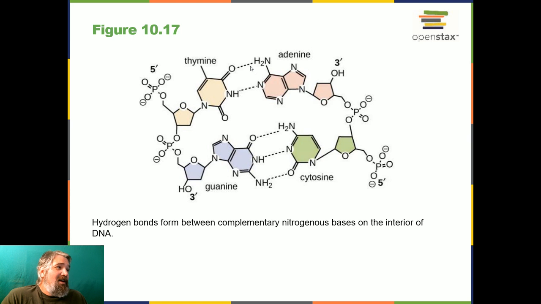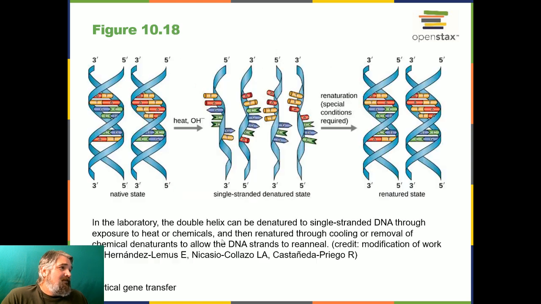So again, the hydrogen bonding, well, this is just reinforcing what I just said. We have 3 bonds between guanine and cytosine, 2 bonds between thymine and adenine, when things are working normally. So we denature. Denature equals melting, by the way.